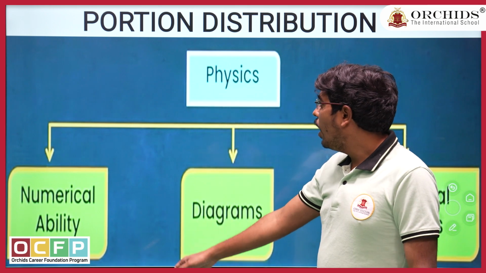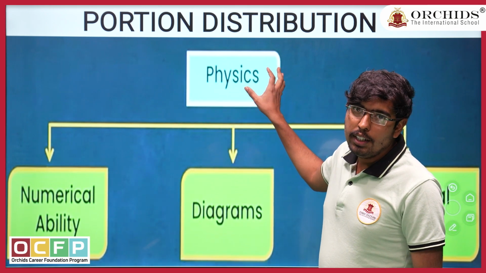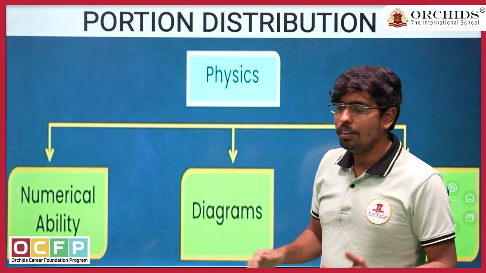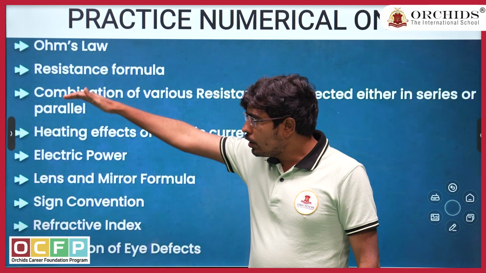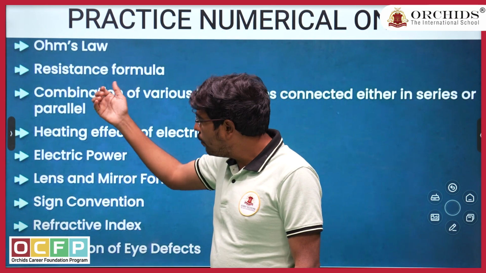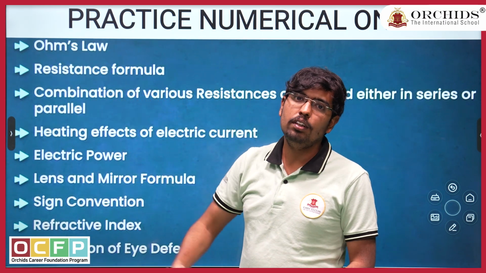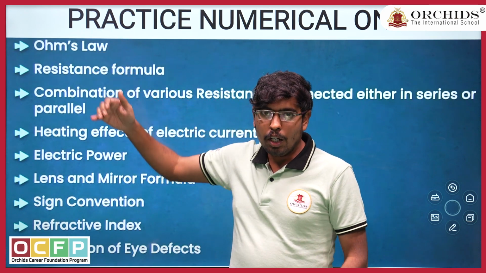First I am going to discuss the numerical type of questions which might come in physics from both of the chapters and topics. When you go through the concepts, the most important numericals will come mainly from Ohm's law. We know that V is equal to IR. From that they can ask you some type of numerical questions.